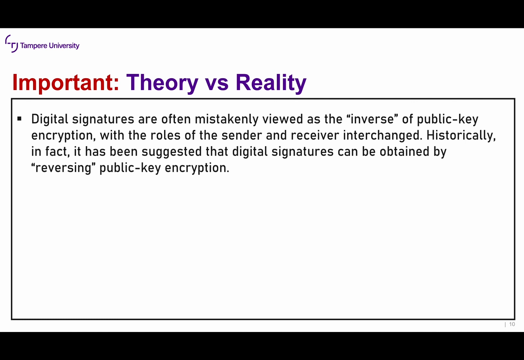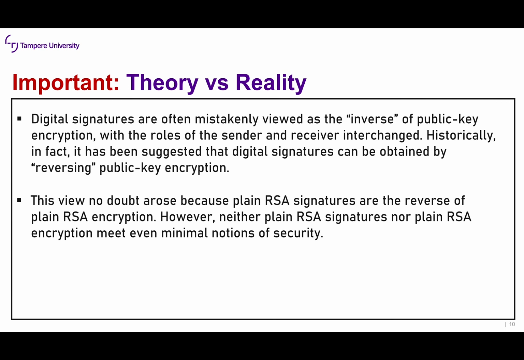Nevertheless, neither plain RSA signatures nor plain RSA encryption meet even minimal notions of security. Just for simplicity in this course, we will be assuming that this works. When you want to sign something, you simply encrypt it with your private key, and when someone wants to verify a signature, they simply decrypt it with your public key.